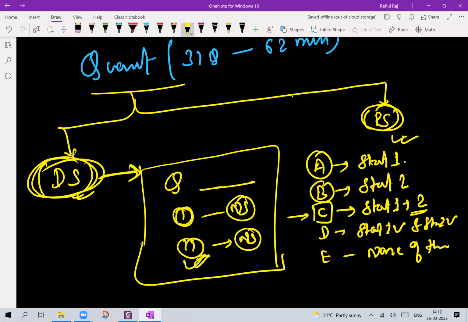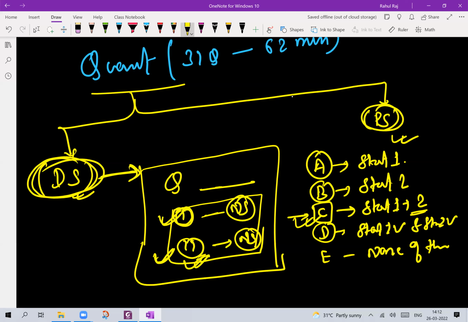So what exactly do we do? We try and combine and see, can we answer this particular question or not? If you are combining both the statements and you are in a position to find the answer, you will go with option C. And option D says that statement 1 alone is sufficient to answer the question and statement 2 alone is sufficient to answer the question. Any doubt? Got it.